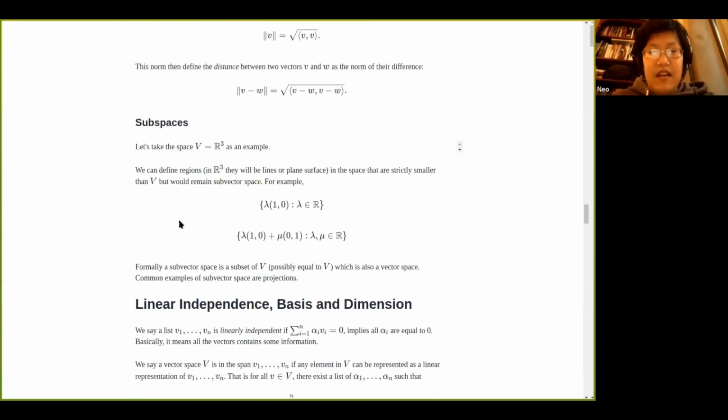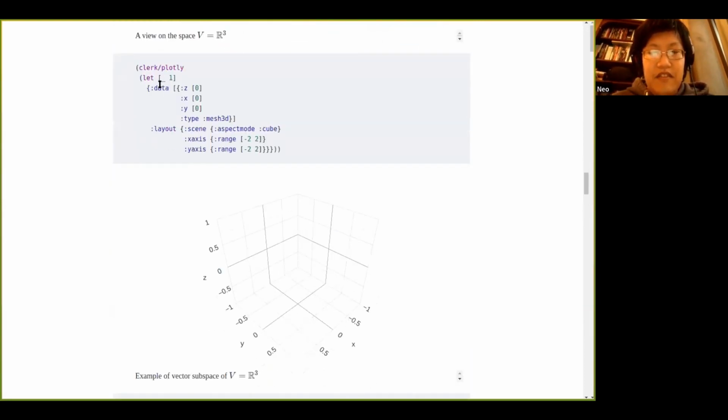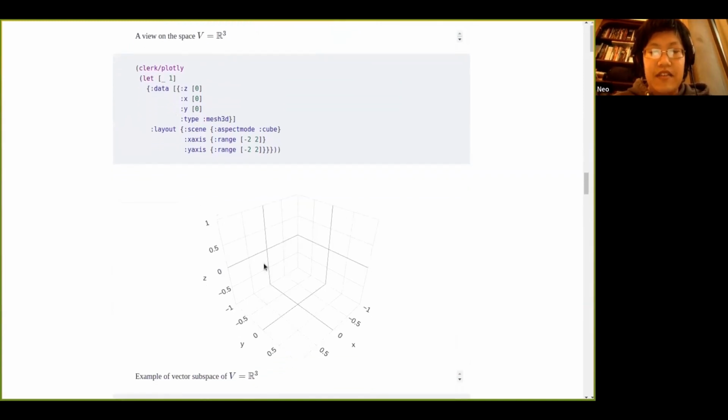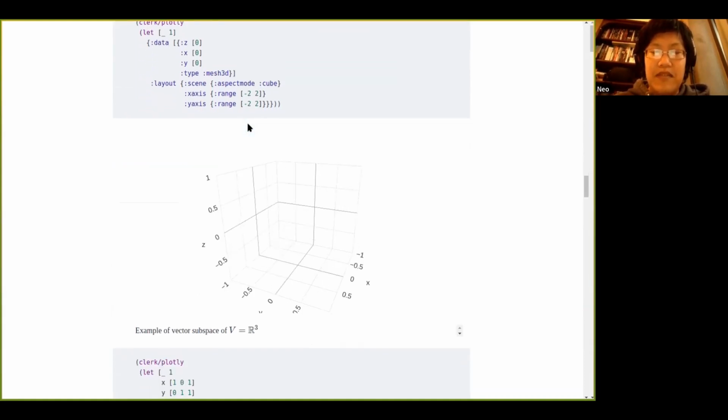For example, in the volume, you could have subspaces, and the form of these subspaces is either a line inside the space or a surface inside the space. And here I have an example. Let's say this would be the space, the volume. You have the whole space, and you want to define subspaces inside the volume.